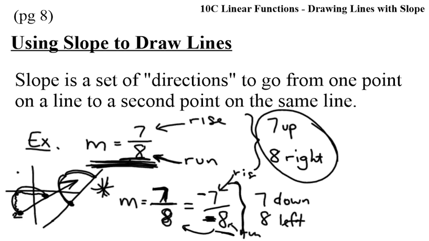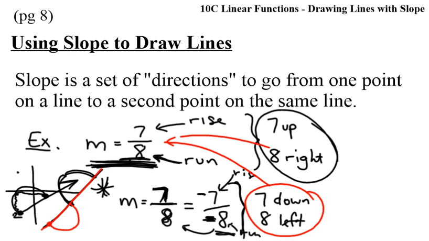But negative 7 over negative 8, that would be saying go 7 down and 8 left. I would still end up on the same line. A little bit different set of directions for the same situation.